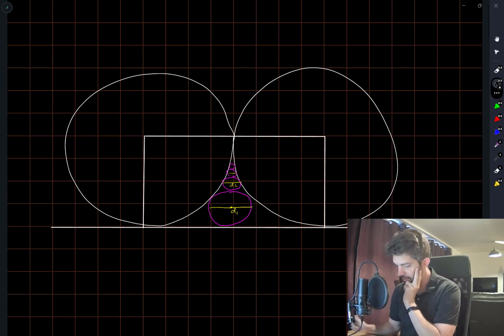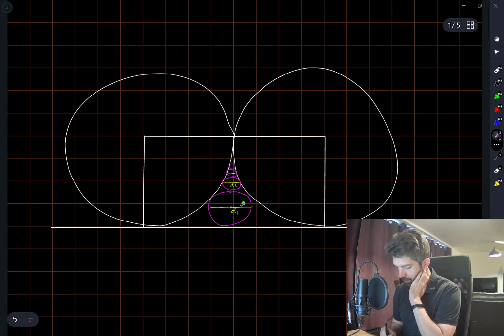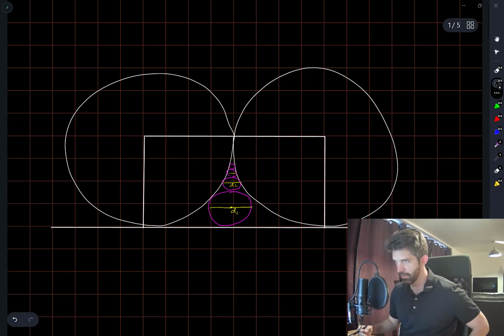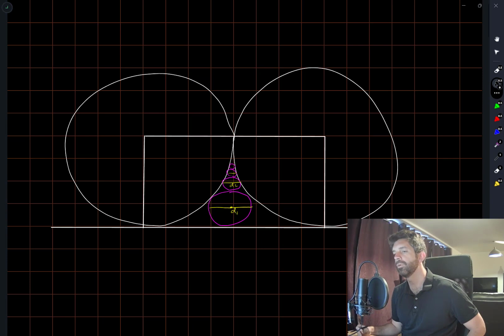My first instinct here is to look at the first circle, this one here, maybe connect the center of this circle to the centers of the two others, and try and write down an expression that the radius or the diameter of that circle has to satisfy.